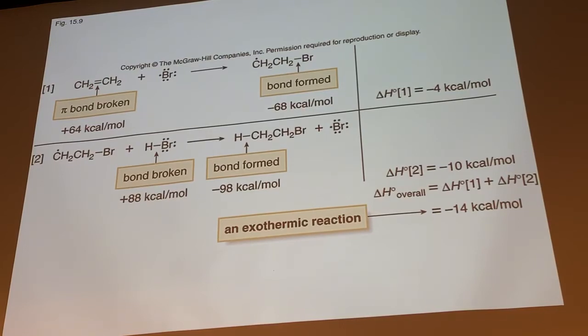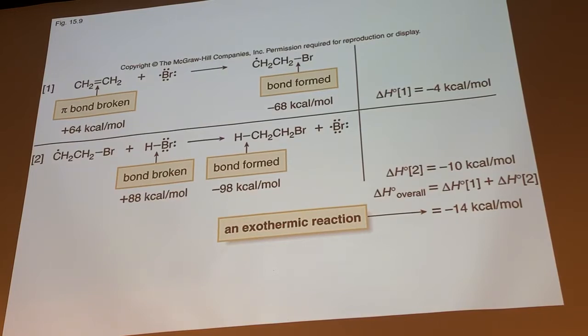The carbon-bromine bond is relatively weak as far as a sigma bond goes, but it's still stronger than a pi bond. And then we find that in our second propagation step, the carbon-hydrogen bond that we're forming is stronger than the HBr bond that is breaking. So overall, this is an exothermic process. The two propagation steps are both exothermic.